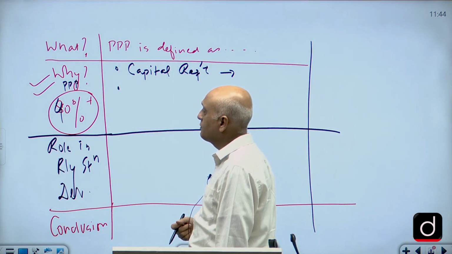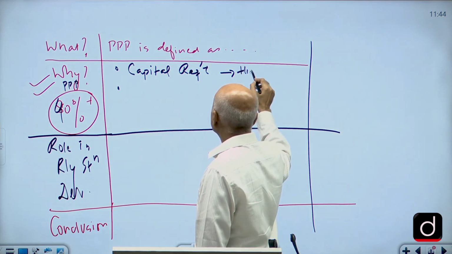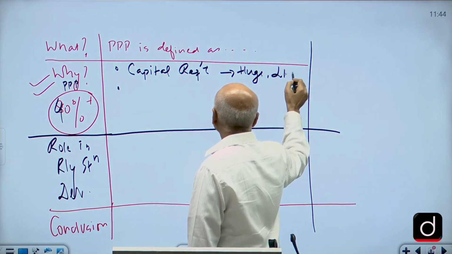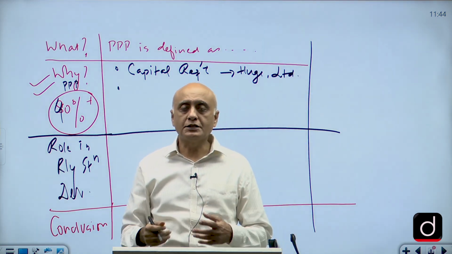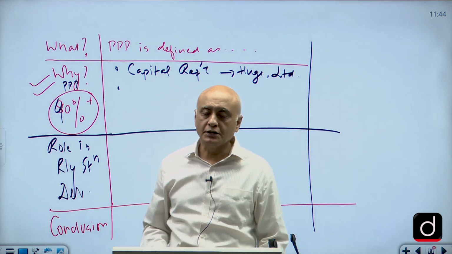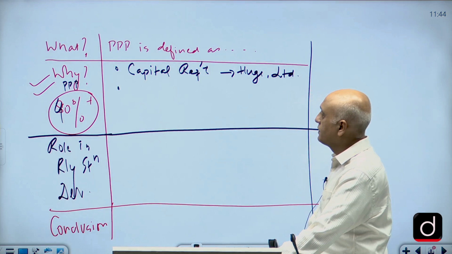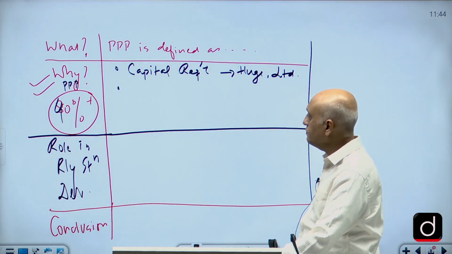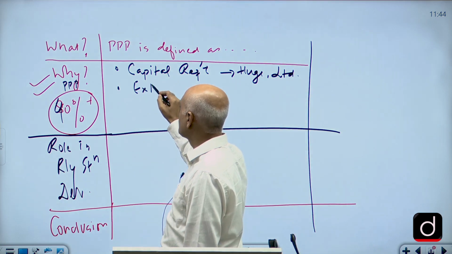So the first reason why we need PPP is that the capital requirement is huge and government has very limited resources. If government increases taxes further, taxes are already high in countries like India, so then it would not be good for the common man. Second, why we need PPP is expertise.